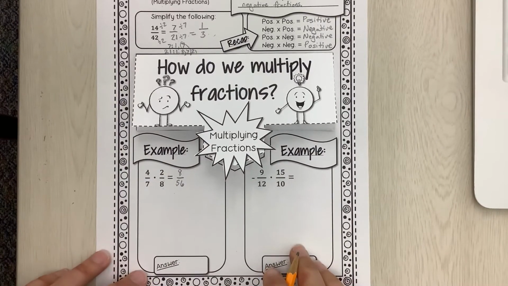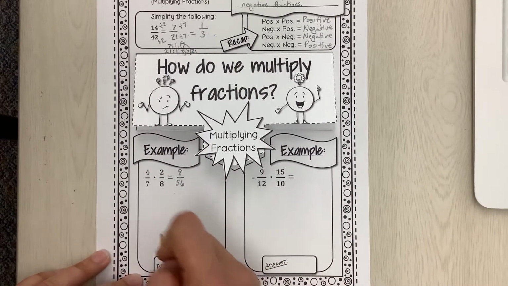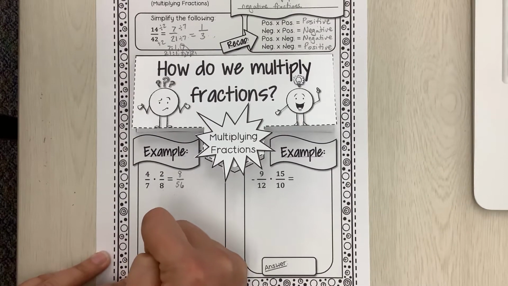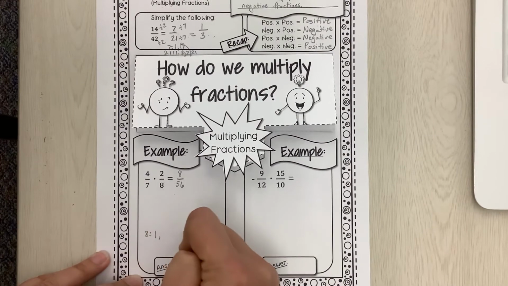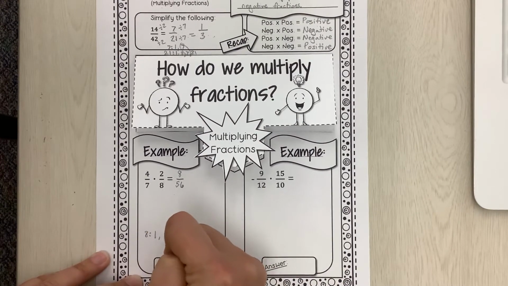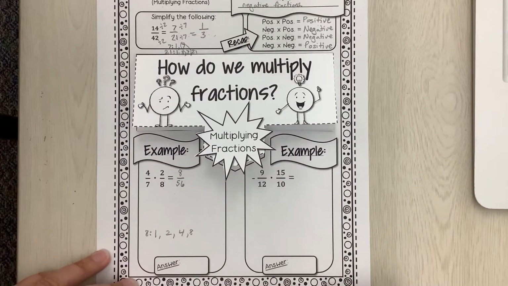Now, I can simplify both of these, but let's see how we do that. If we count by 8s, we find the factors of 8. 1 times 8, 2 times 4. That's how I would get 8.